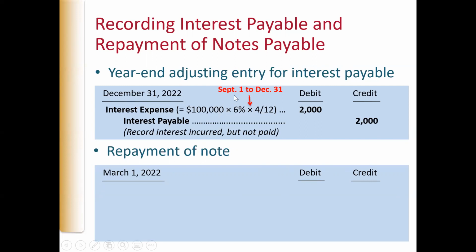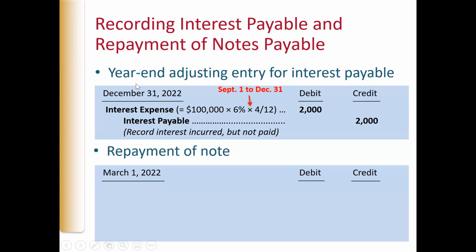Since the interest rate is always an annual amount, we have to take it according to the months we're accruing. Since we started in September, we're accruing September, October, November, and December, 4 months. So 100,000 times 6% times 4 months out of 12 months is $2,000. We're not paying it now. We're just showing it, and we're going to pay it in the future. So we create a credit to interest payable, which is a liability, for $2,000.